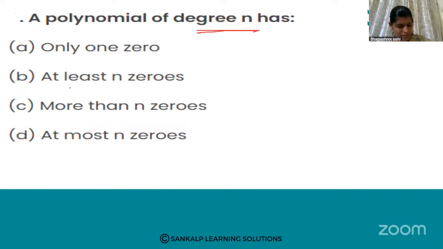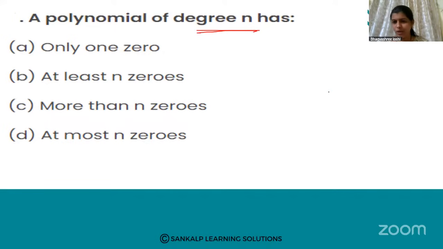So some students are saying B, at least n zero. A, C, okay. B, C, yes, yes. Some students are saying D, yes. Okay. D, at most n zero. Yes. So remember what I have told.